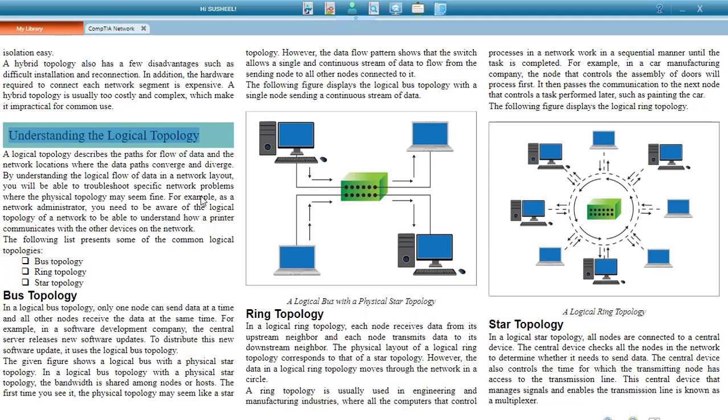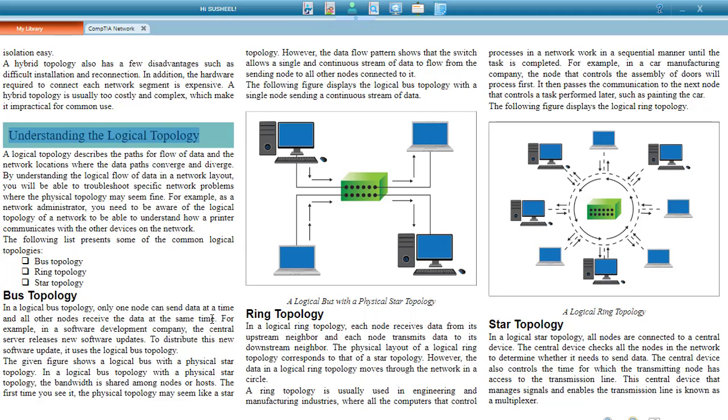For example, in a software development company, the central server releases new software updates. To distribute this new software update, it uses the logical bus topology. The given figure shows a logical bus with a physical star topology.